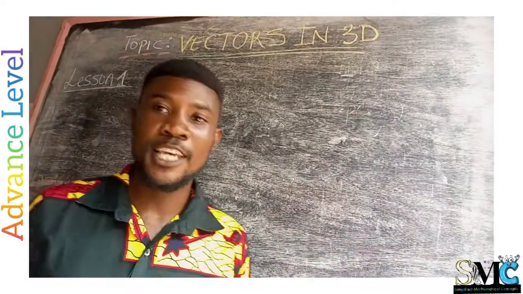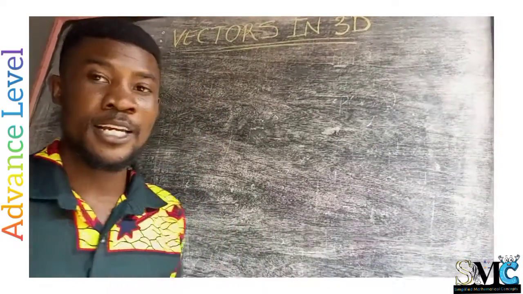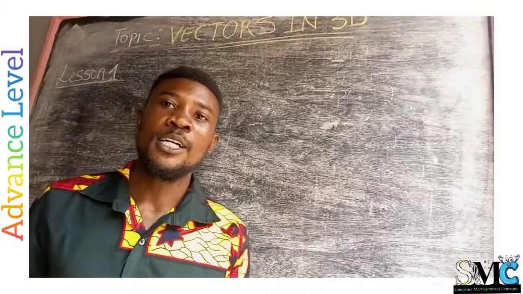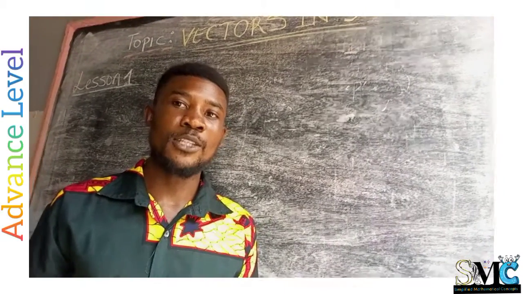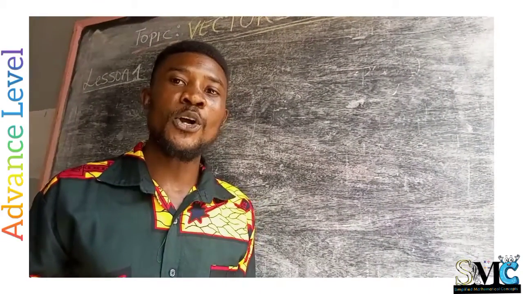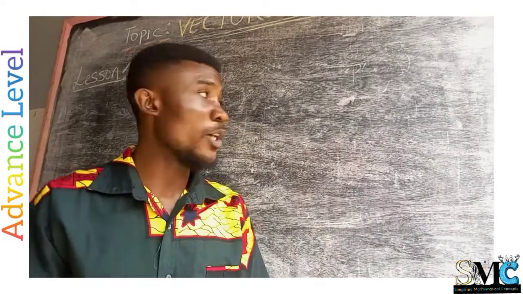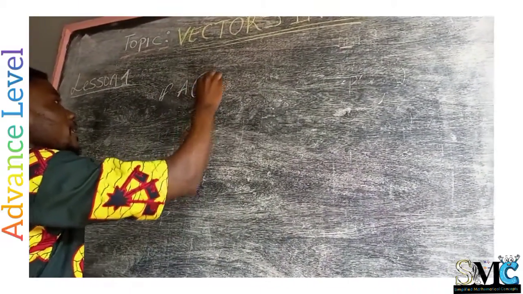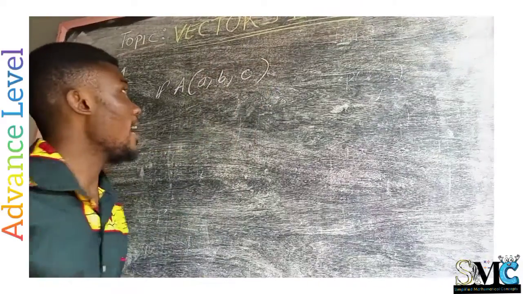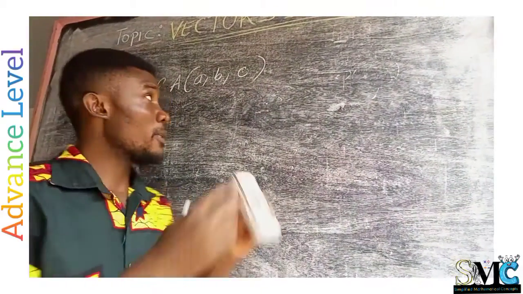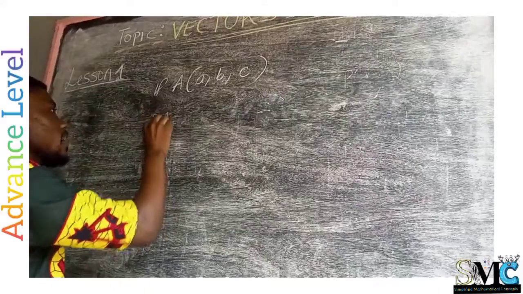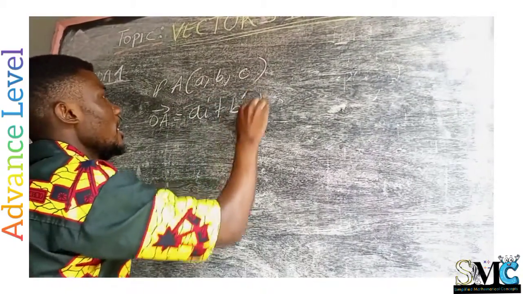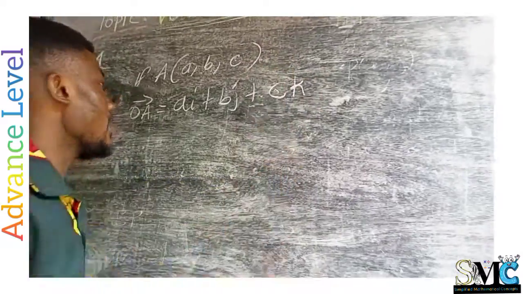Vectors in 3D. Our first lesson is focusing on the magnitude of a given vector, the direction ratios of that vector, and the direction cosines of the vector. If A is the point (a, b, c), then the position vector representing this point is given as OA equal to ai plus bj plus ck.